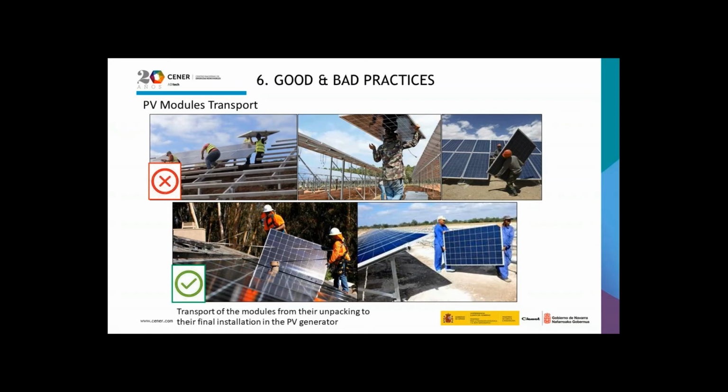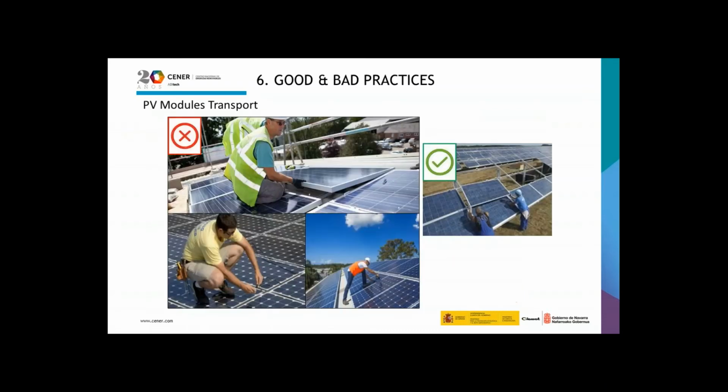The transport of the modules from their unpacking to their final installation in the PV generator. This is another example of the PV module transport and final installation in an incorrect way and correct way.